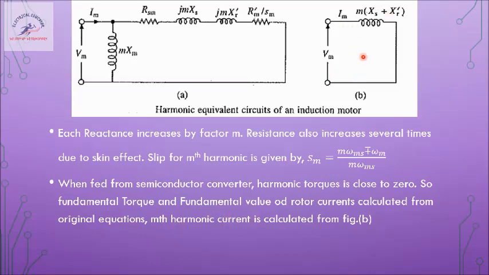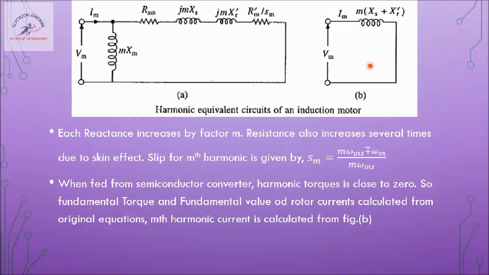As the harmonic order goes on increasing, the reactance becomes higher and higher, and compared to the reactance, the resistances become negligible. Since these branches are in parallel, we can skip the magnetizing inductance, and we obtain the equivalent circuit which is shown. Thus we get the mth order harmonic current from this circuit by using KVL.